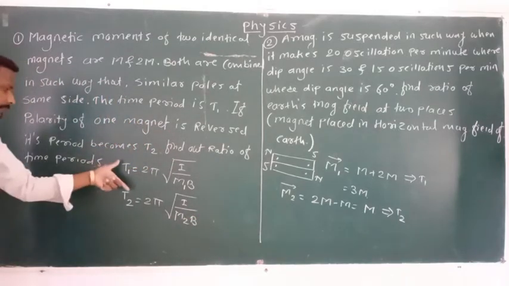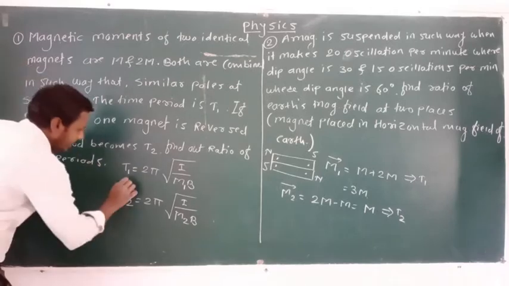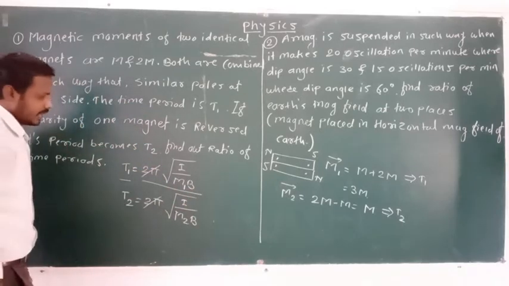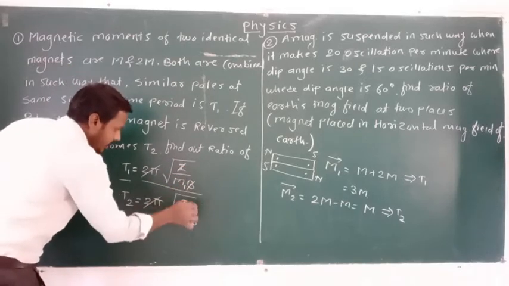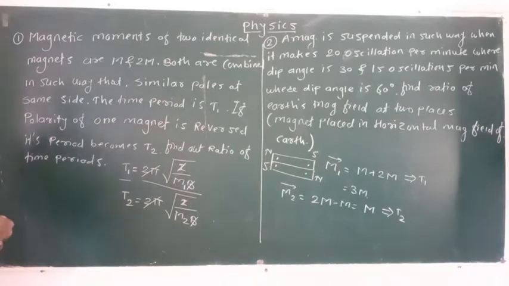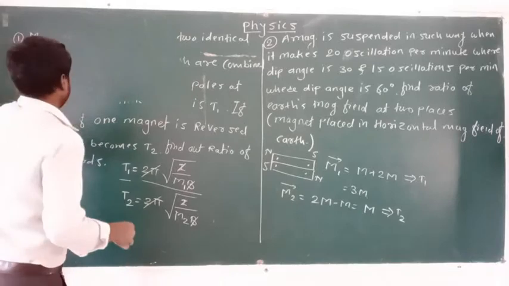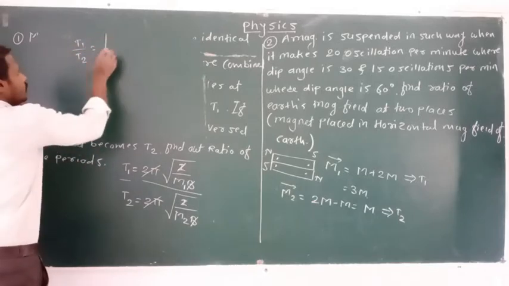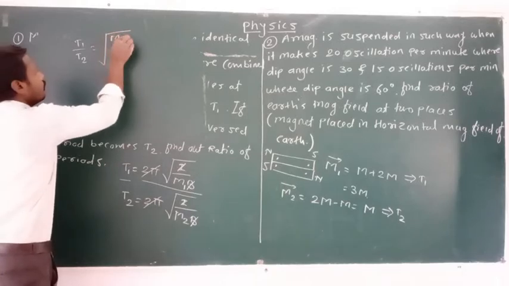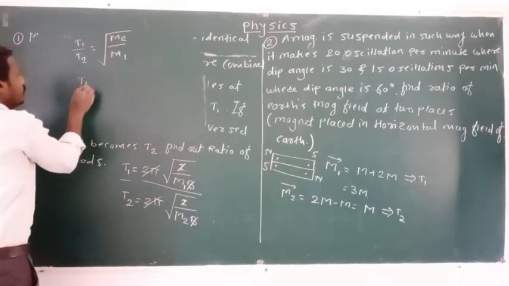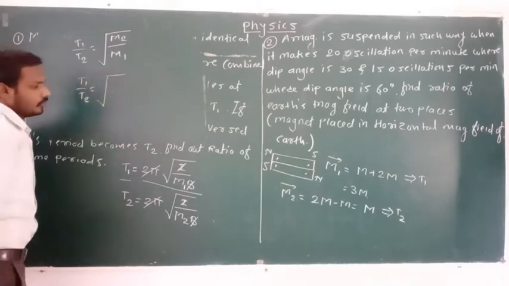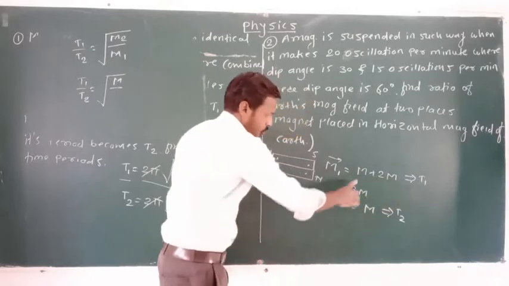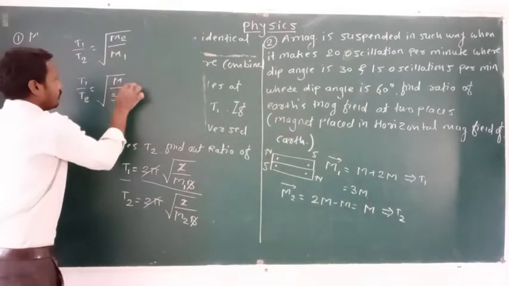Taking the division of those two equations, I can write t1 divided by t2 is equal to, finally, 2 pi gets cancelled, I gets cancelled, B gets cancelled. t1 divided by t2 is equal to square root of m2 divided by m1. m2 means m, and m1 means 2 plus 1, 3m. m gets cancelled.